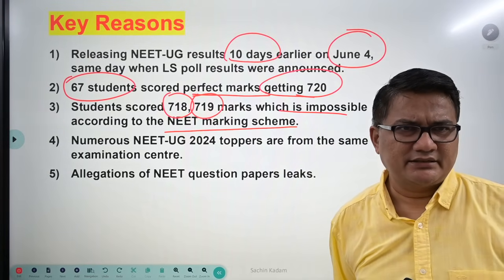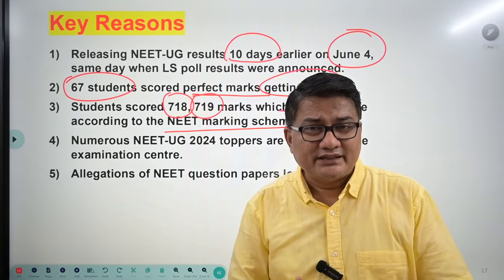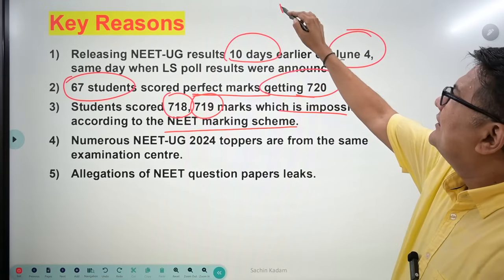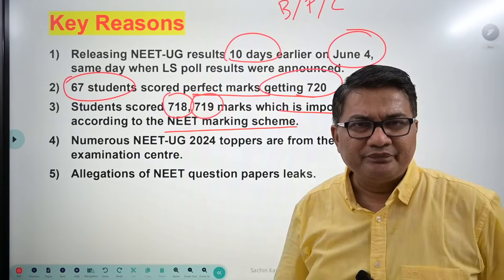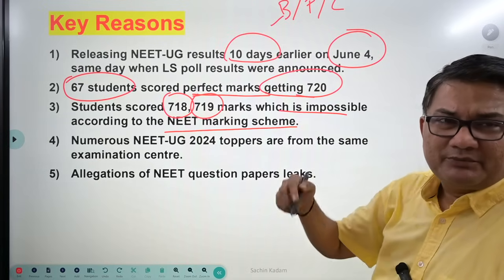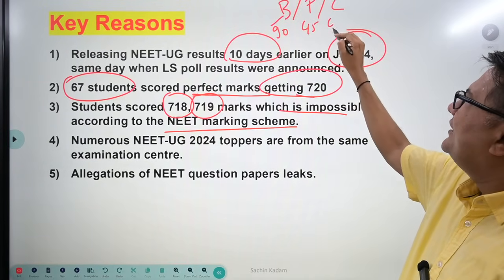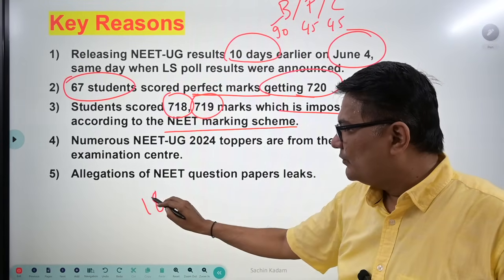Then comes the next question. So why are you saying like this? Before that, we have to understand what exactly NEET comprises and what are the subjects. In NEET, you are having bio, physics and chemistry. Bio, it's botany and zoology, so number of questions are 90. Here it is 45, here it is 45. So total number of questions, how many? 180.